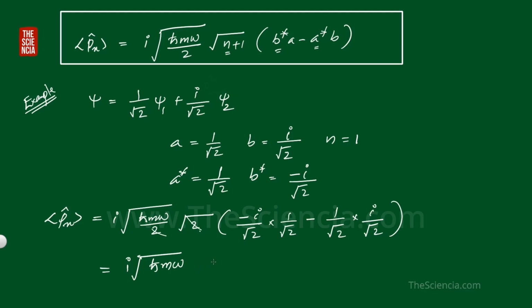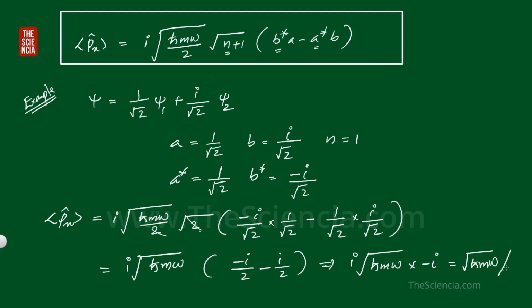Remaining is minus i by 2 minus i by 2. That is i into root h cross m omega into minus i, right? That is equal to minus i into i, that is plus 1. So the final answer is root h cross m omega. Here you please note, one of the coefficients is i, complex one, right?